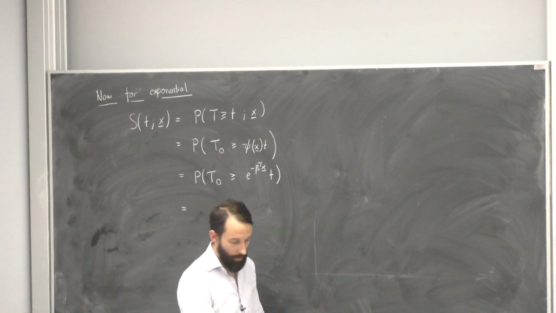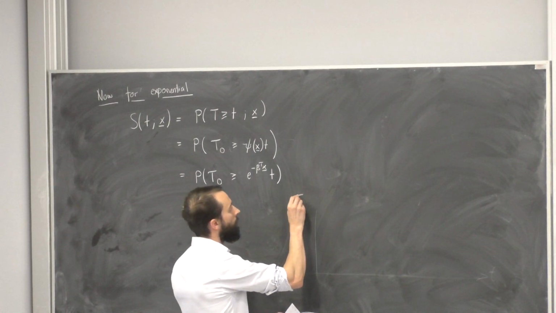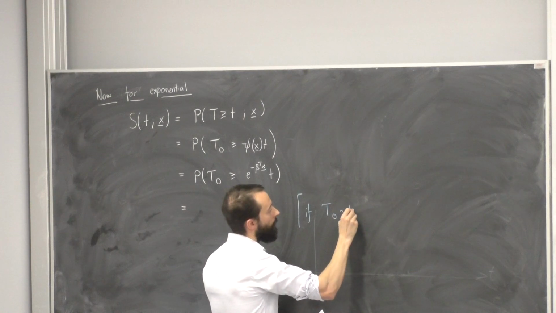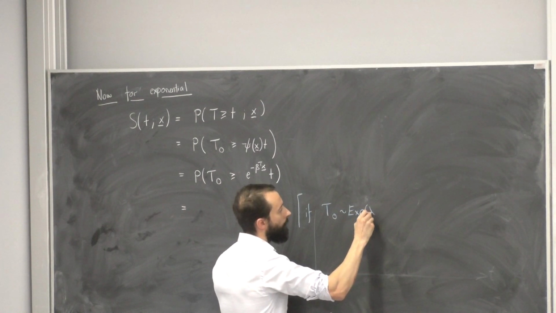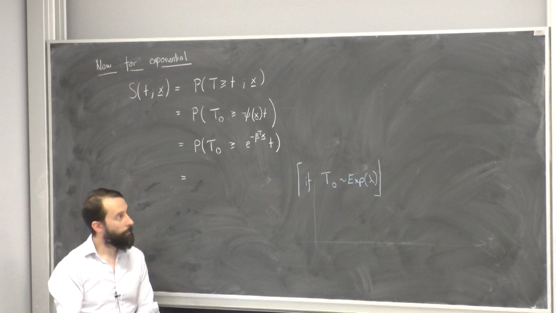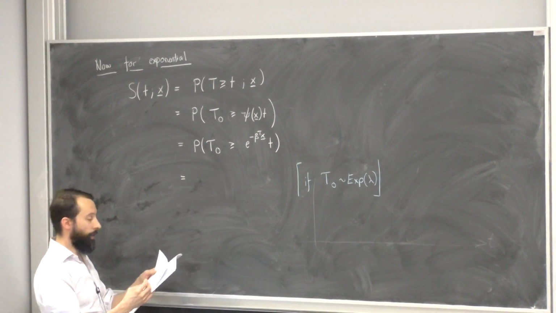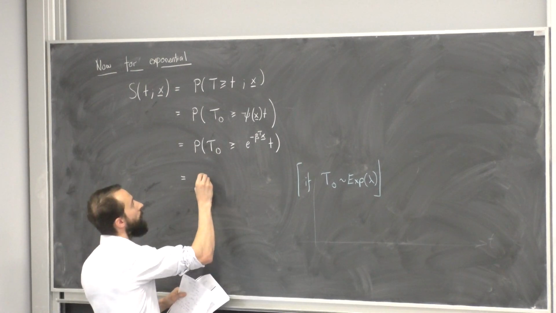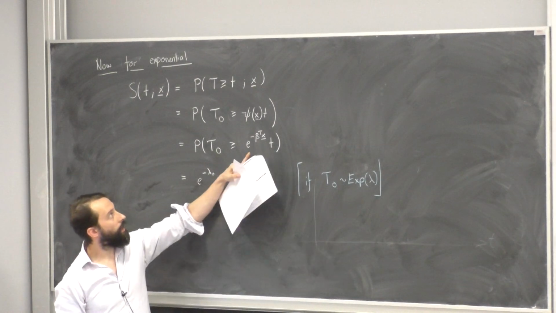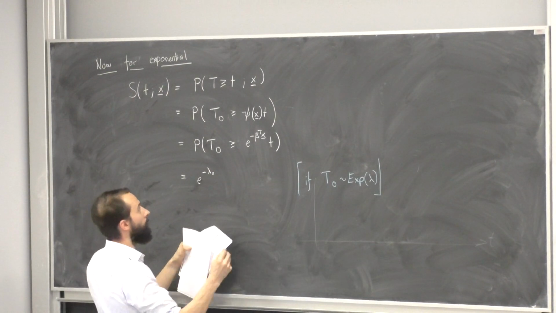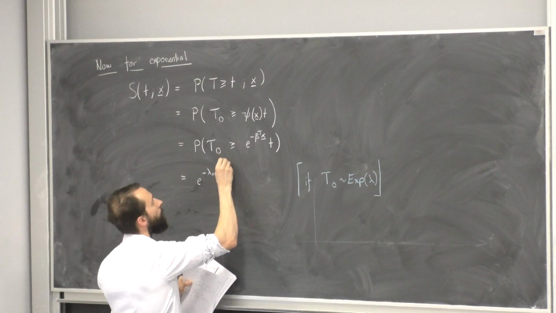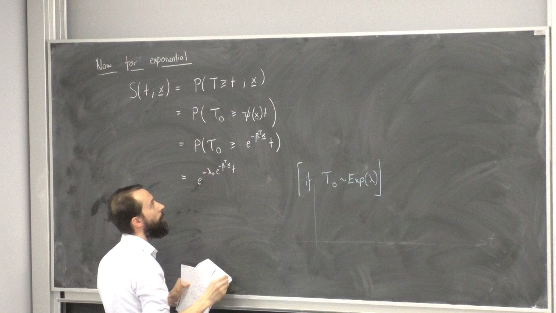Since my baseline individual has rate lambda naught, this works out to be e to the minus lambda naught, where instead of t, I'm just going to put this number in. So that's e to the minus lambda naught times e to the minus beta transpose x times t.